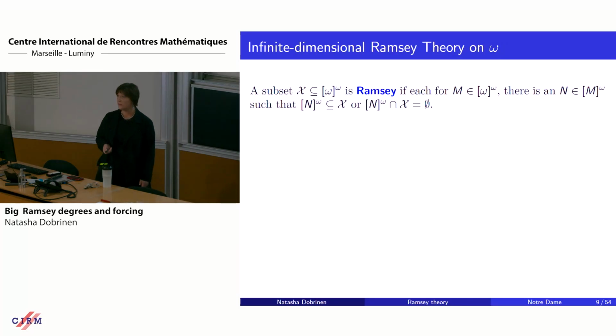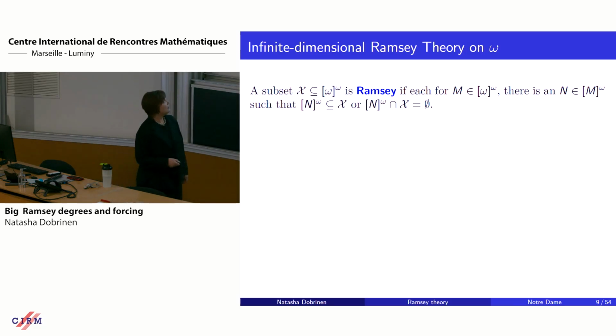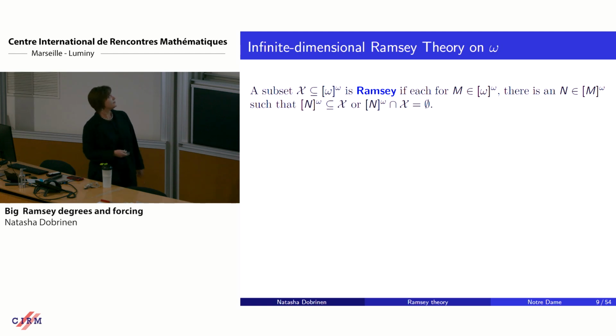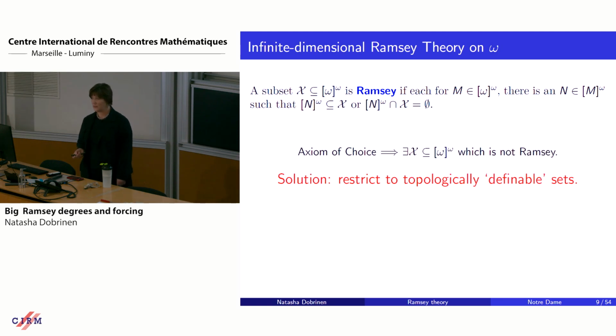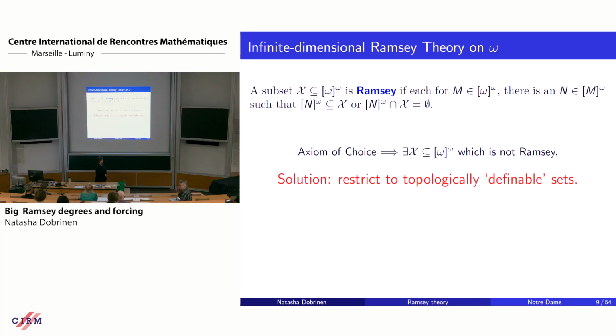Okay, going to infinite dimensional Ramsey theory, back on omega, we'll say that a set X is Ramsey if for each M in our Baire space, there is an N in the M cube, where the N cube is either contained in X or disjoint from X. And the axiom of choice, or even just the existence of a non-principal ultrafilter, can give you a coloring where you can never get down to one color here.